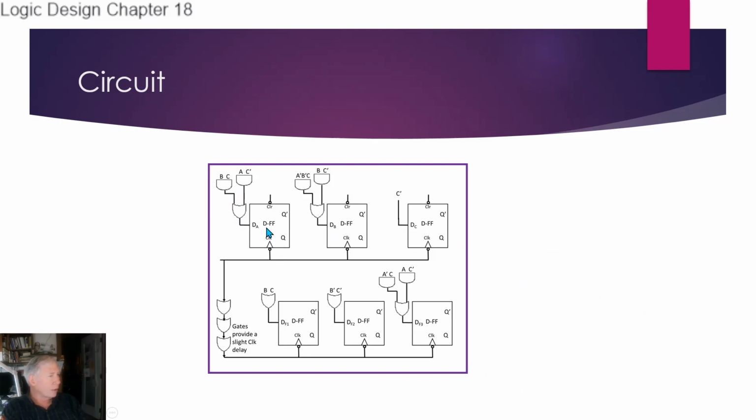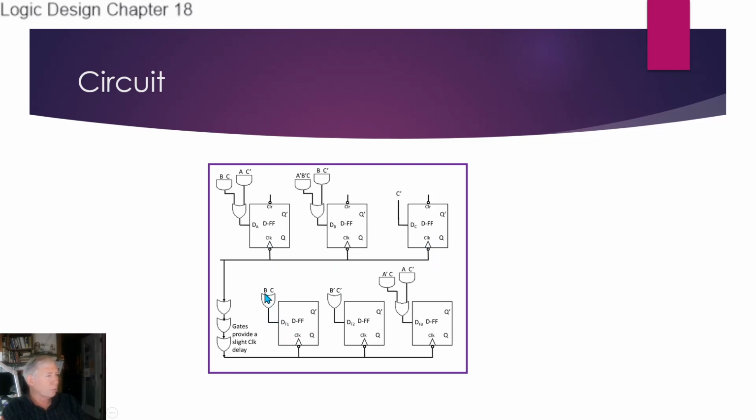So here's our A flip-flop, our B flip-flop, and our C flip-flop, and these are the inputs. This one was just C prime. This one was more complicated, and this one was moderately complicated as well. And then here's our clock line going into these three. And then here are the output matrix.